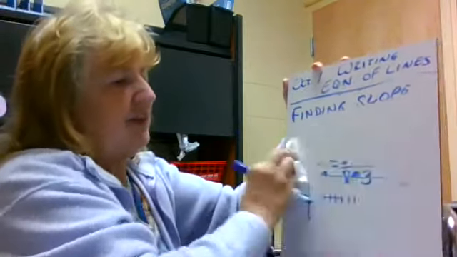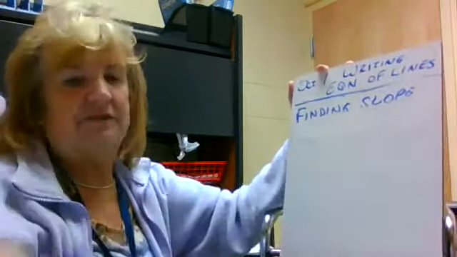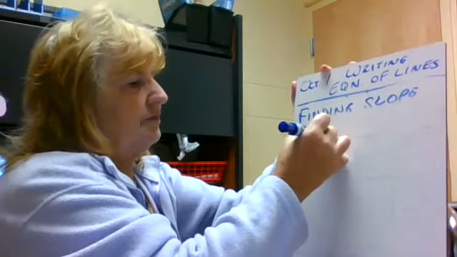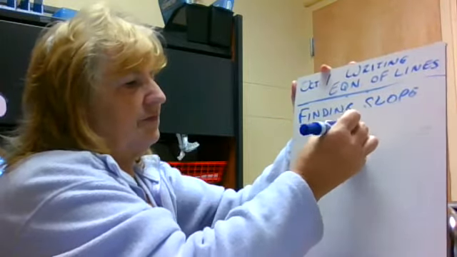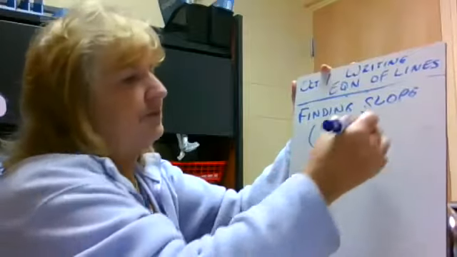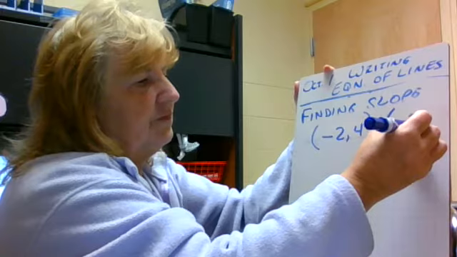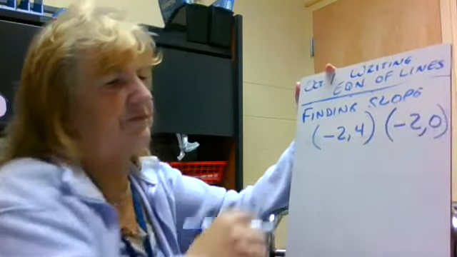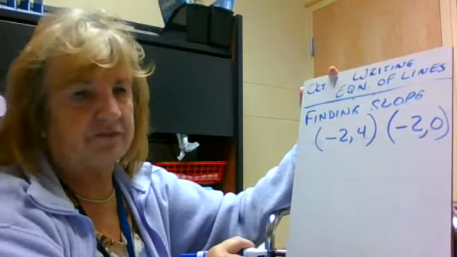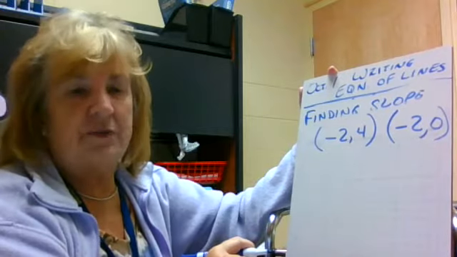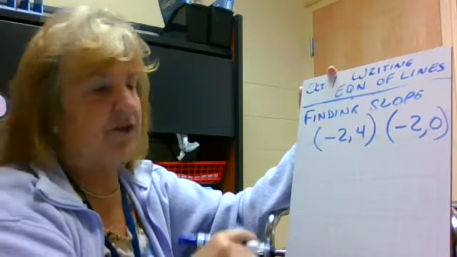Now the last piece. Negative 2, 4. Negative 2, 0. We subtract the y's first.